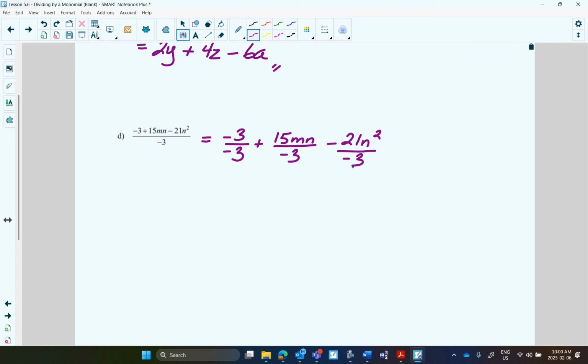It doesn't disappear. It's 1. It's still there. And now let's do the rest of them. Well, we've got a positive divided by a negative, so that's going to give us minus 5mn. We've got a negative divided by a negative, that's going to give us positive 7n squared. Got it.